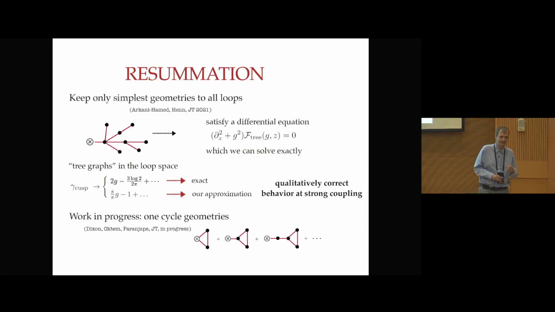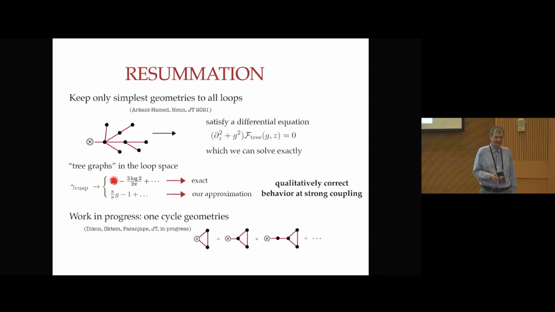Gamma cusp plays an important role in capturing the IR divergences in planar N equals 4 super Yang-Mills. There is a prediction from integrability for what this object is to all loop orders. So we can look at this gamma cusp and have something to compare to at all loop orders.